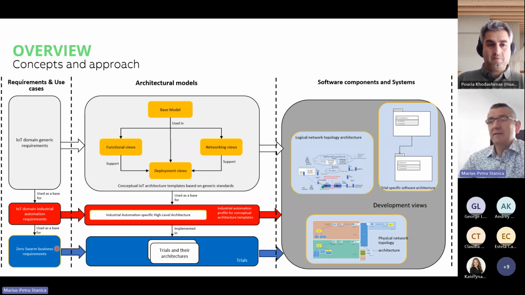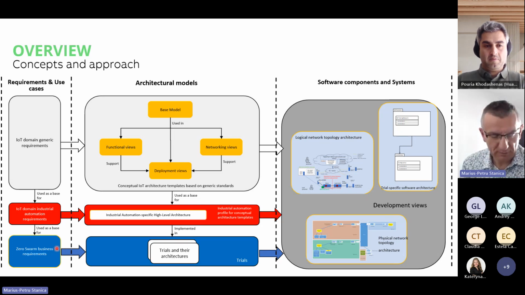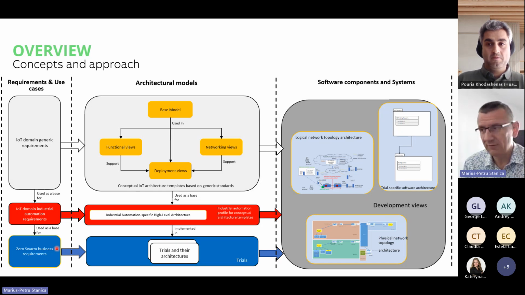And then we had the project itself. We had several trials, and then we heard, okay, each trial has its own architecture. We want to do something on our own and so on. But the point was not just to create a collection of several projects. The point was to break the silos between these projects, to maybe reuse some aspects.